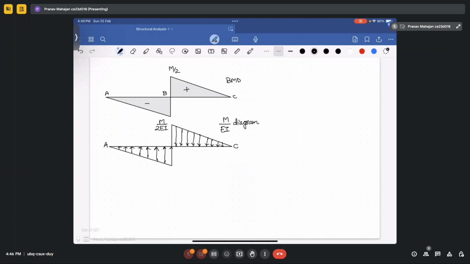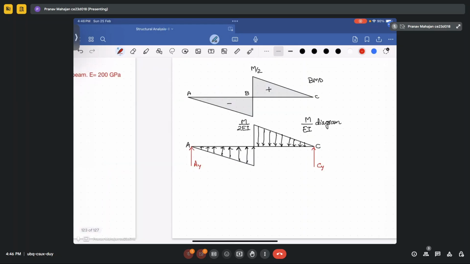Okay. If you calculate the reaction forces, AY, and this is your CY. So what will become?